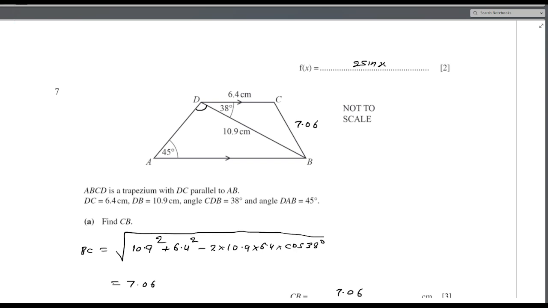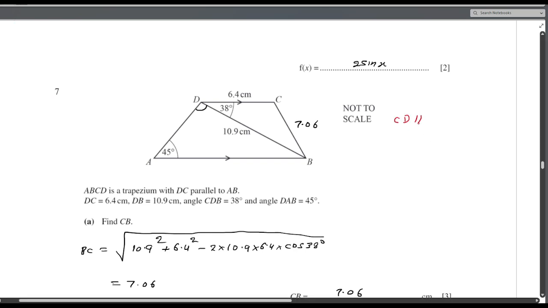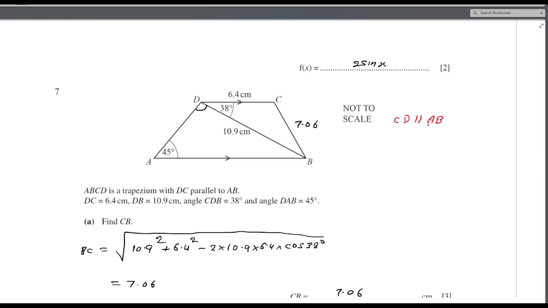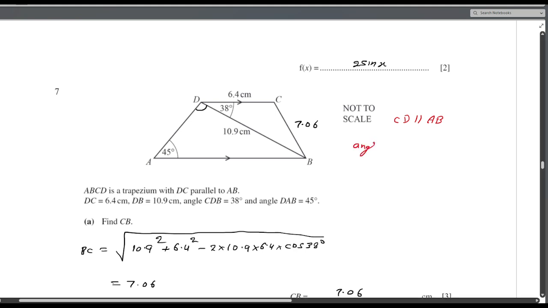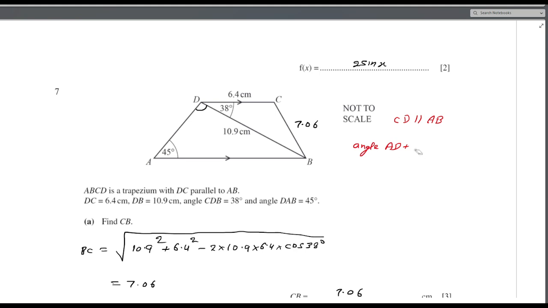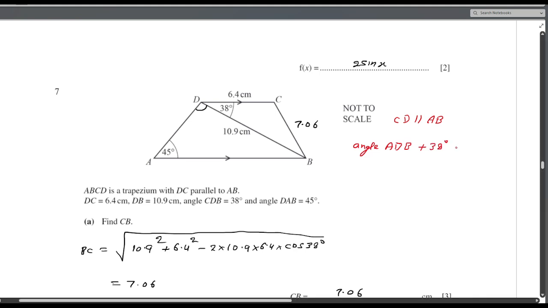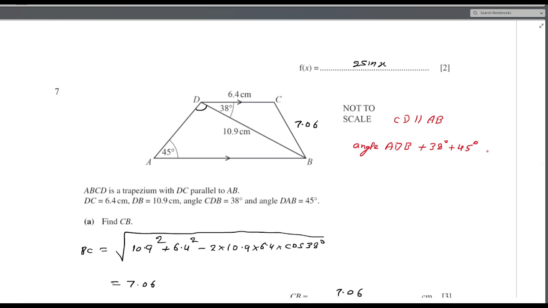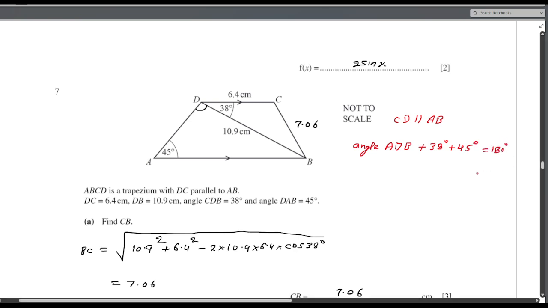So angle ADB plus 38 plus 45 will be equal to 180. For two parallel lines, the interior angle sum is 180 degrees.